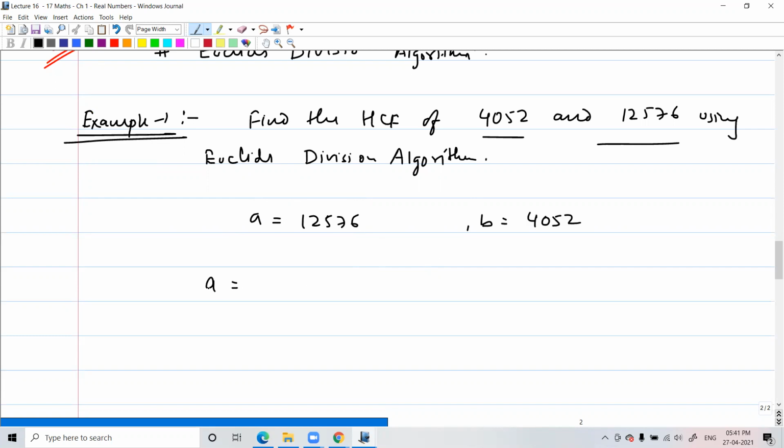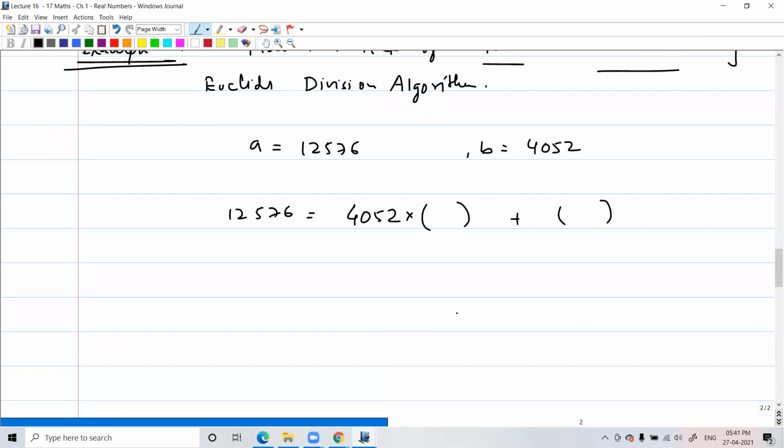Now I have to write this A in such a way that 12576 should be 4052 times some number plus the remainder. How can we find it? We have to do the division. So do the division and tell me what is the quotient and remainder here, guys. Everyone knows how to do division, right?